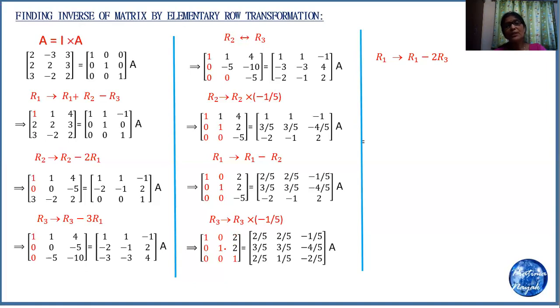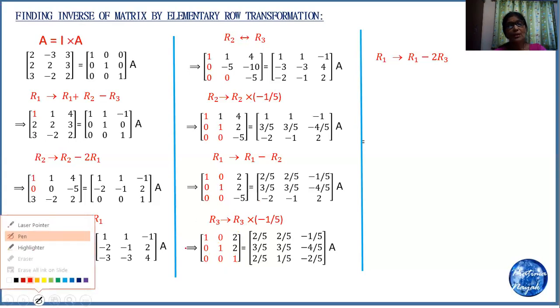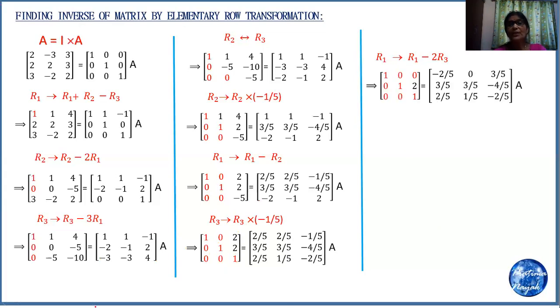People make mistakes there. So 2 minus 2 is 0, and I'll involve R3. So 2 minus 2 into 1, I'll make it 0. So it will be R1 is equal to R1 minus 2R3. So what will be the result?